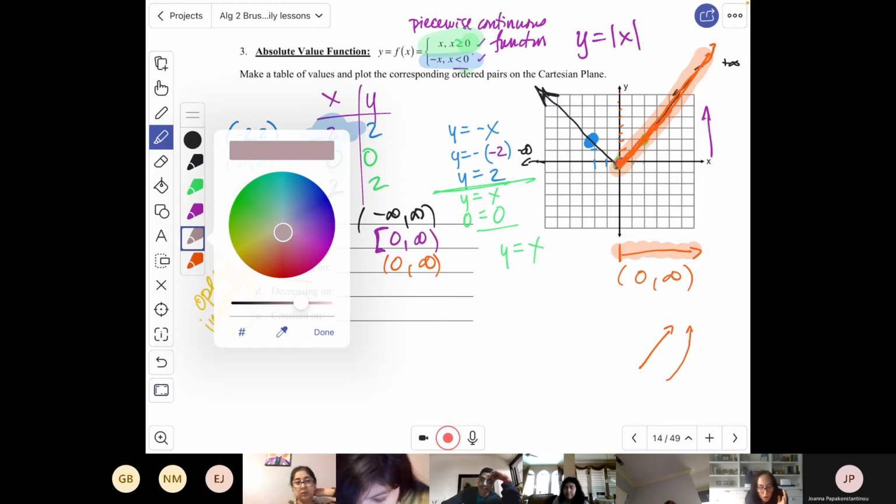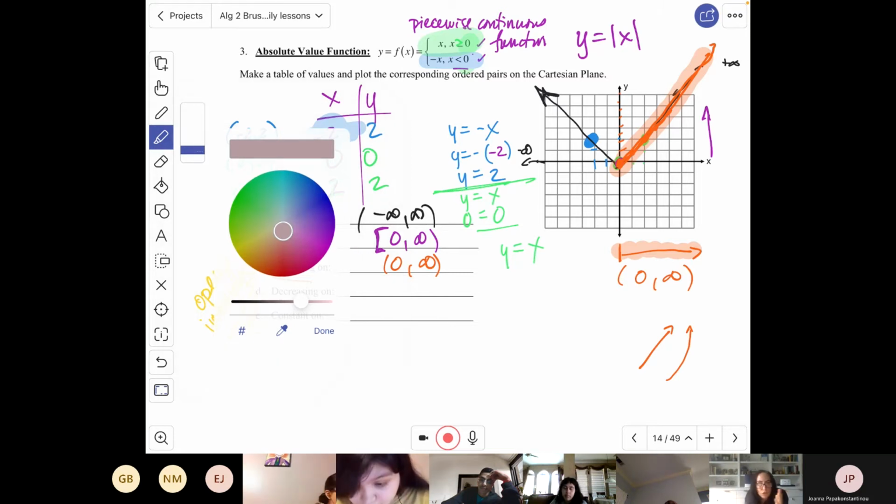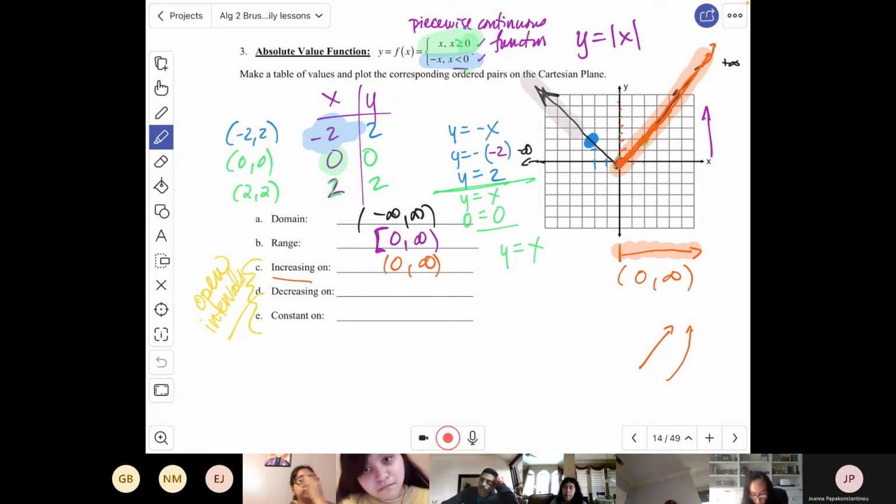Over what interval are my y values decreasing? If I look at my graph, isn't it here? Aren't my y values getting smaller and smaller and smaller over this interval? Abiella, does that make sense by looking at the graph? Does that help to look at the graph? Ariana, does that make sense?